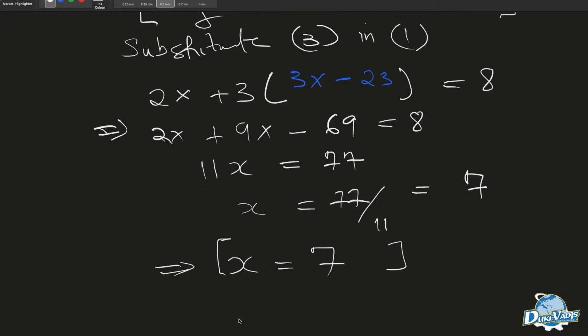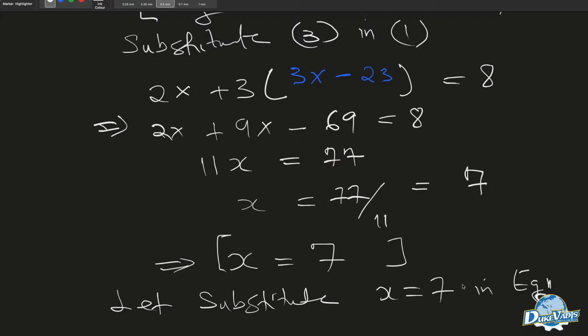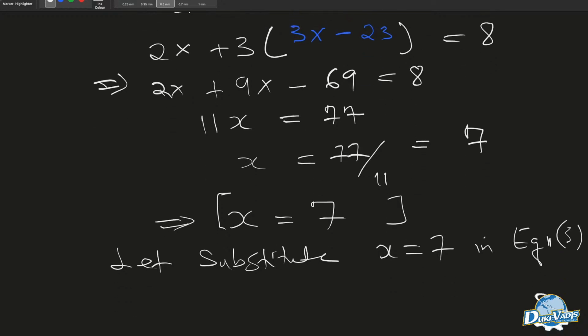Now let's substitute x equal to 7 in equation 3.